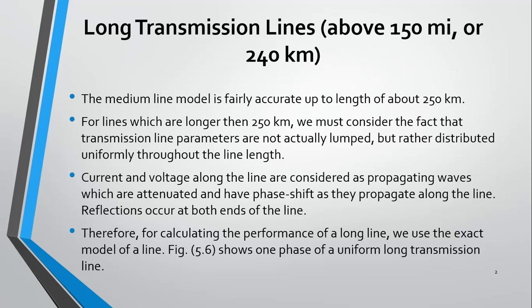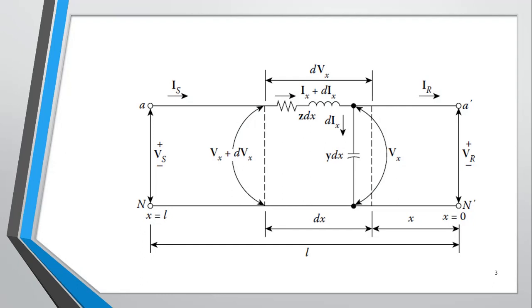We have to divide it into sub portions, or model the transmission line in small subsections, and then we will combine all the data and get the final results. In the long transmission line, let's suppose the length of the line is L. We make the resistance, inductance, and capacitance per unit values.